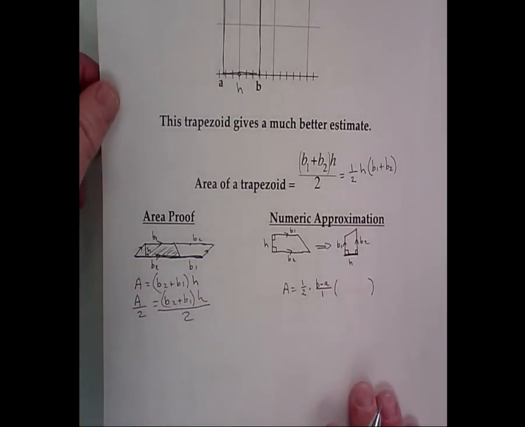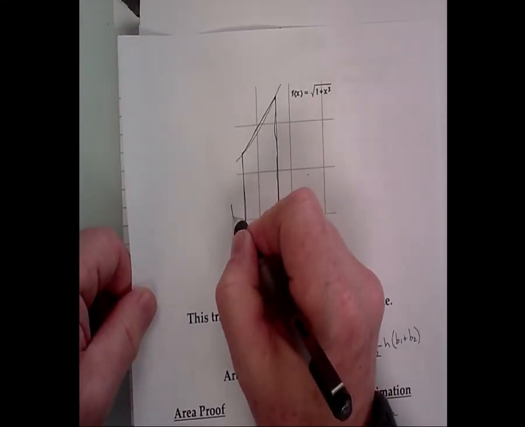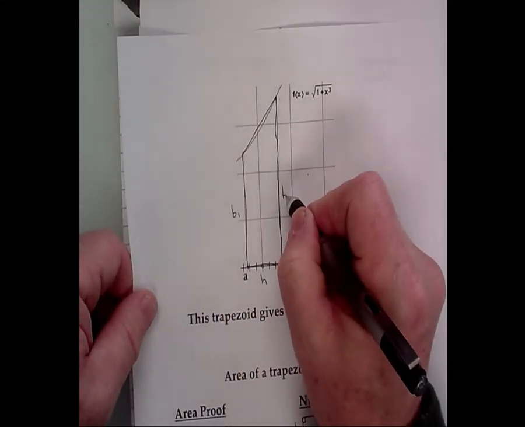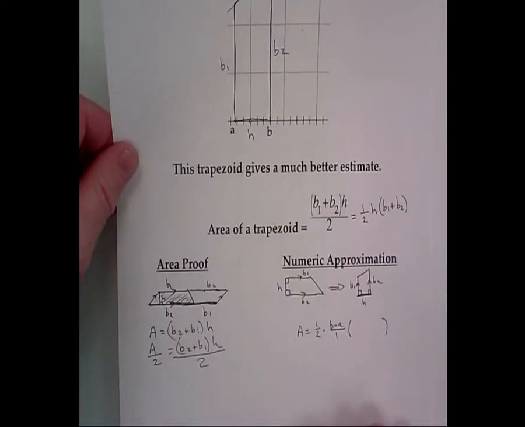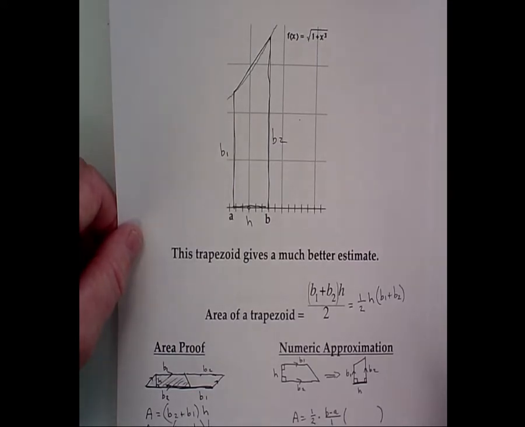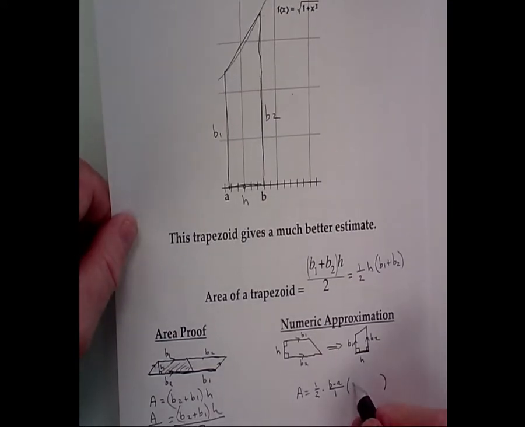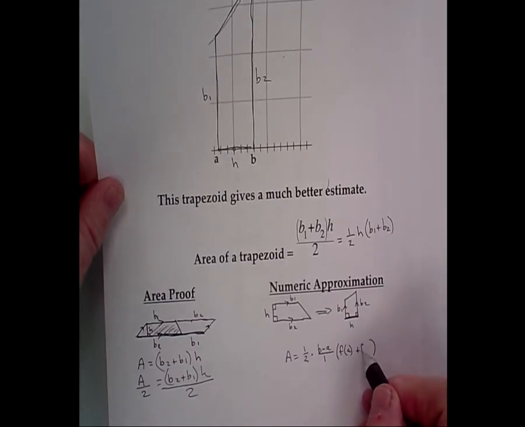And then I have this B1 plus B2. Well, here's B1. Here's B2. In terms of calculus, what's B1? F of A, awesome. Plus, what's B2? F of B, wonderful.